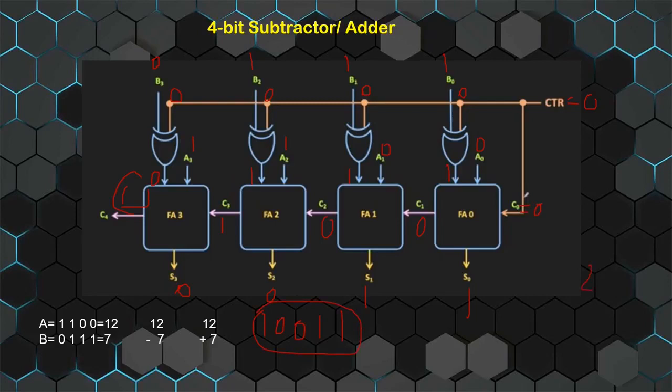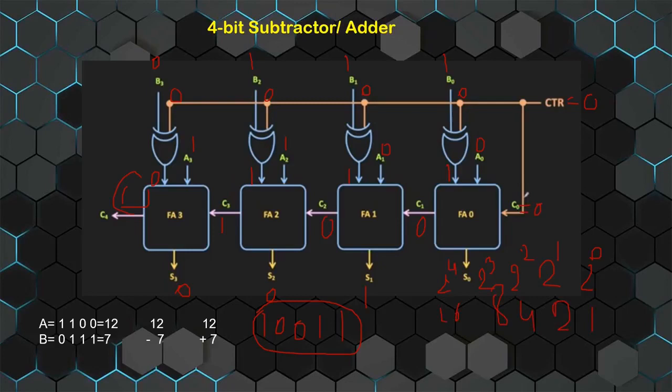2 to the power 0, 2 to the power 1, 2 to the power 2, 2 to the power 3, okay, 2 to the power 4. 2 to the power 4 is 16, 2 cube is 8, 2 to the power 2 is 4, 2 to the power 1 is 2, and this is 1.